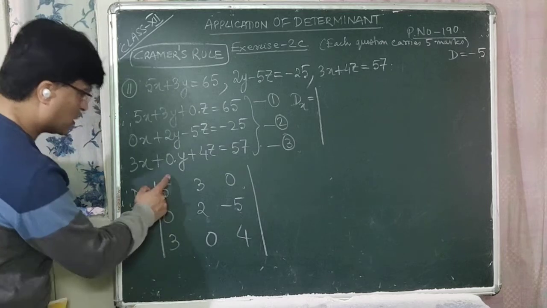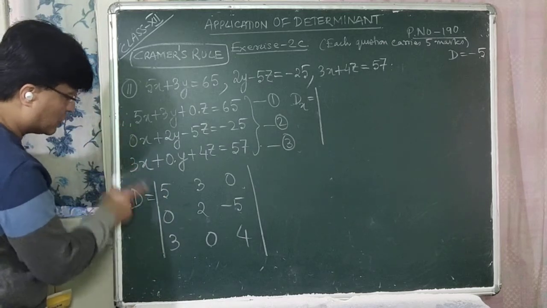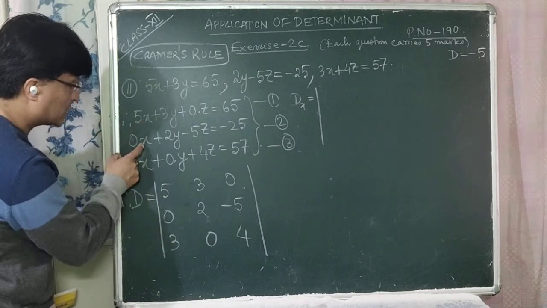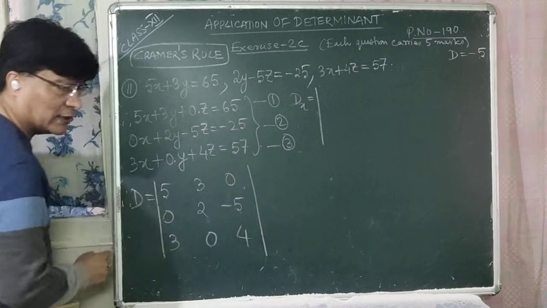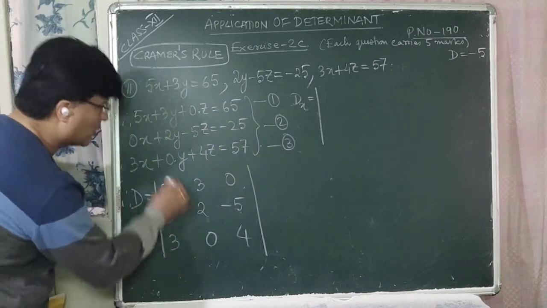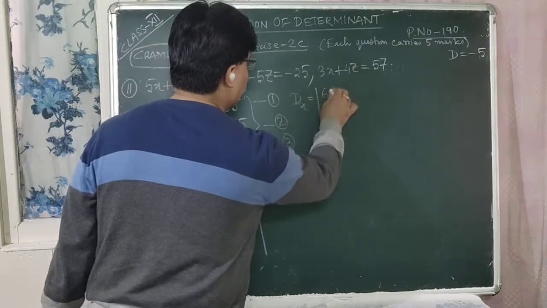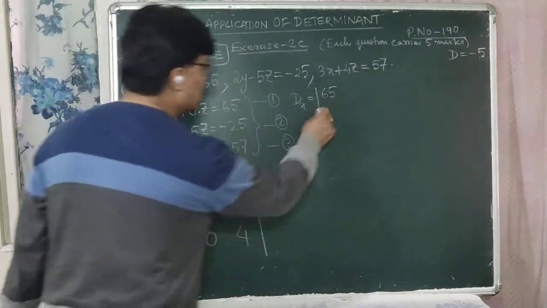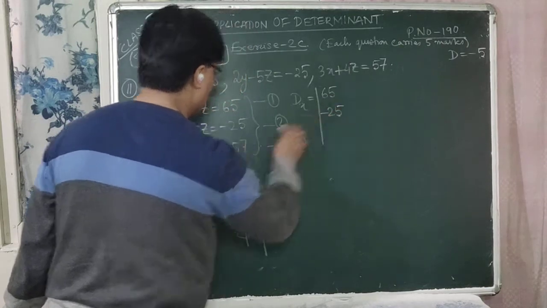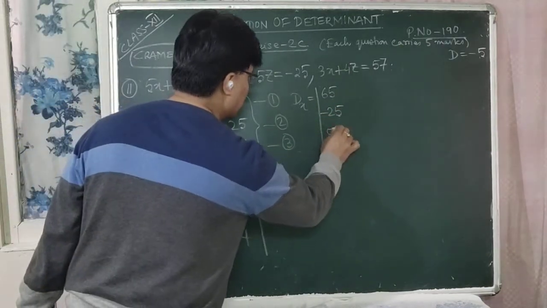First column is the coefficient of x, isn't it? That is 5, 0, 3. These are the coefficients of x in equations 1, 2 and 3. Now these should be replaced by the constants, that is 65, minus 25 and then 57.